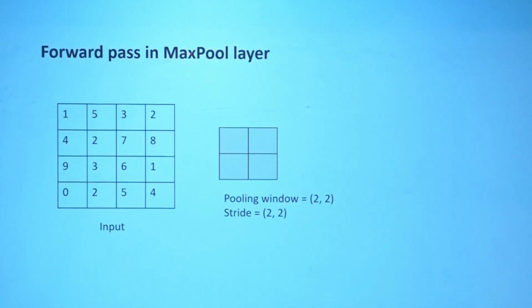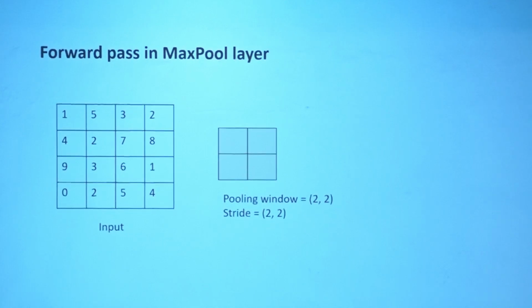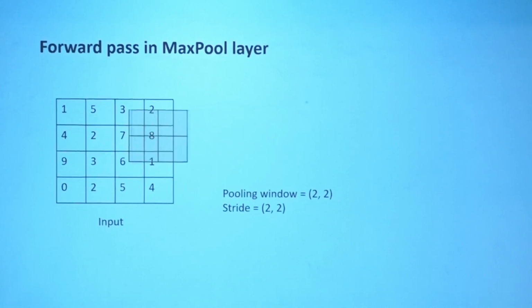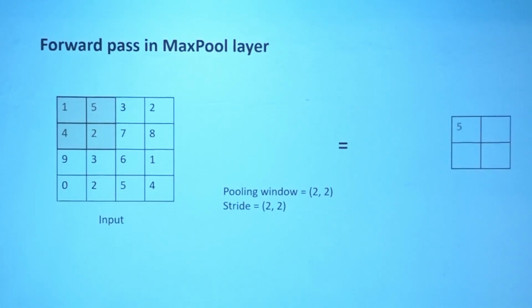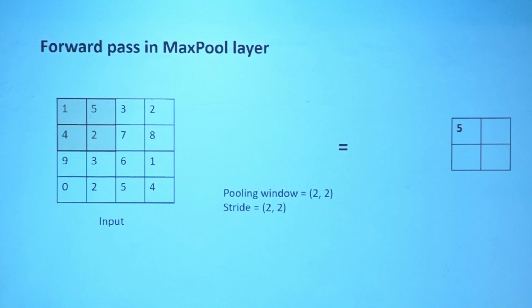When you are performing max pooling on the input 4 by 4 with the pooling window 2 by 2 and the stride 2 by 2, how will it perform? When the pooling window strides over that input, from that region it will take what? In a max pooling layer, the maximum value from that region, correct? What is the maximum value? 5, that is taken.